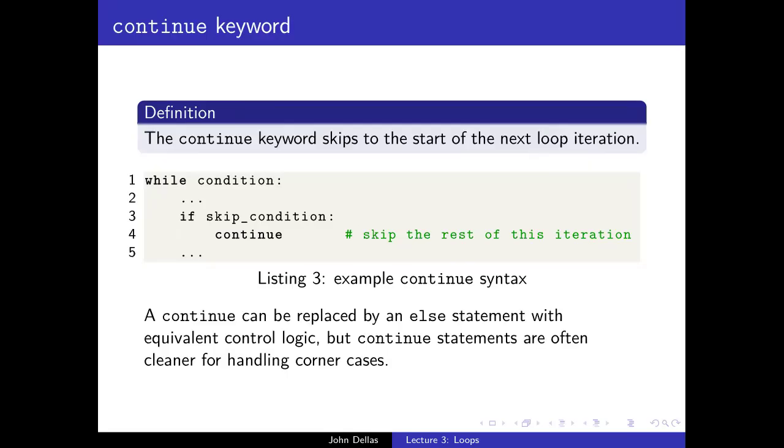And as we brought up earlier, and as I'm pointing out in this note here, you can replace a continue and a break, all of these things, with if and else statements for your control flow. But a lot of the time it's cleaner and clearer to just use a break or a continue statement, as in corner case checking. Okay, these are tools at your disposal to write simpler, easier to read code. Yeah, okay, I think that was the end of the content that I wanted to cover today.